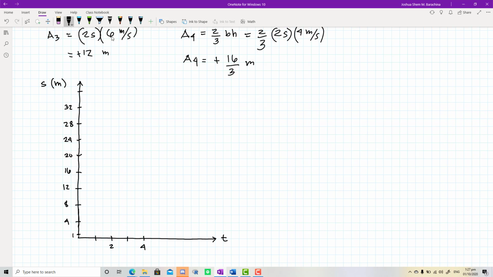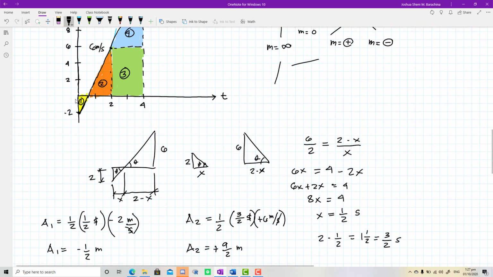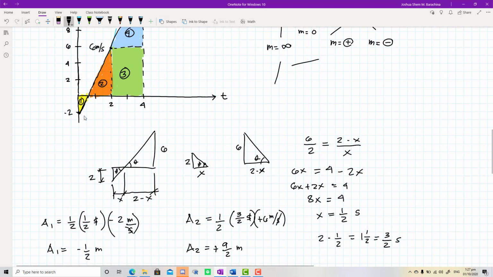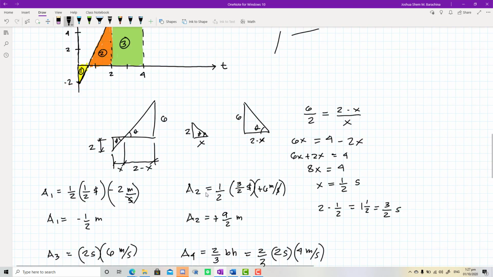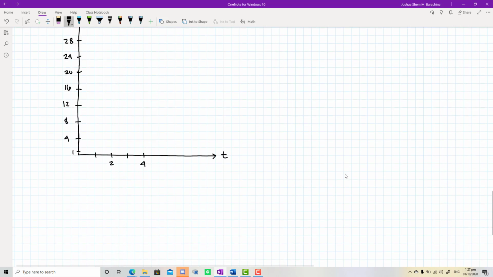That is the condition. And your area 1 will decrease by negative 1/2. And we will end at time equal to 1/2 seconds. So if this is 2, this is 1, this is 1/2.